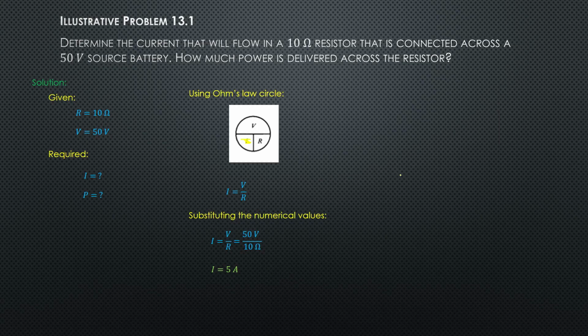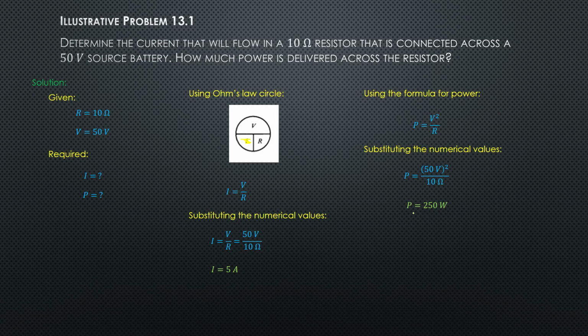Now, how much power is delivered using the formula for power? Based on the given, I have used this formula, V squared all over R. Substituting the numerical values, that will give you 50 squared divided by 10, and that gives you 250 watts.